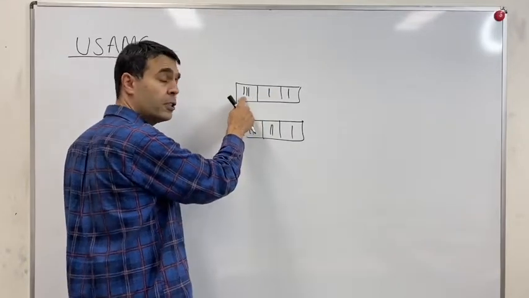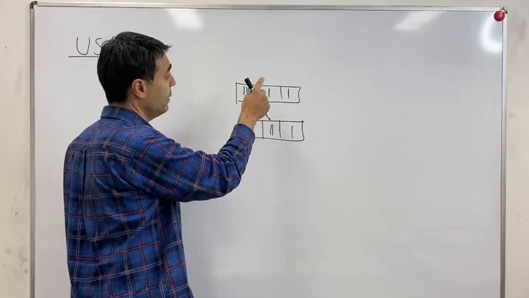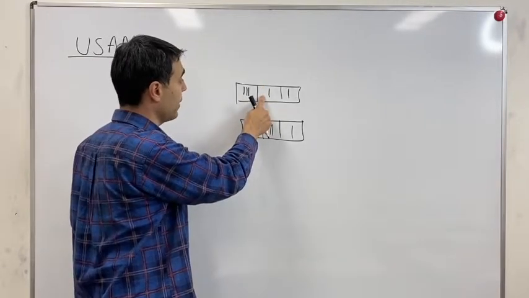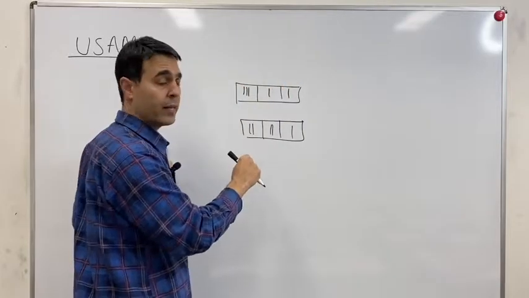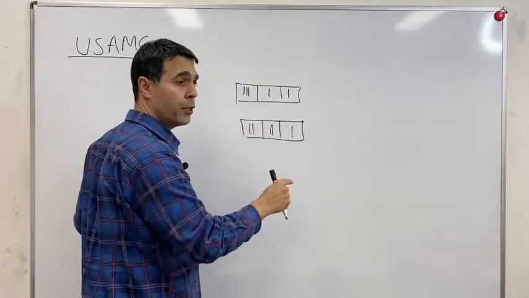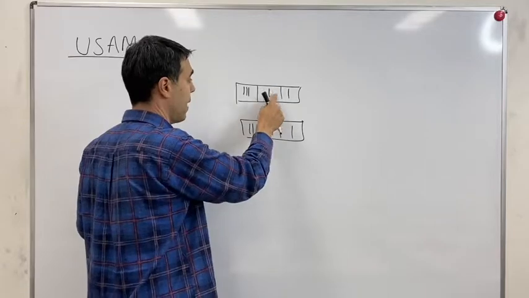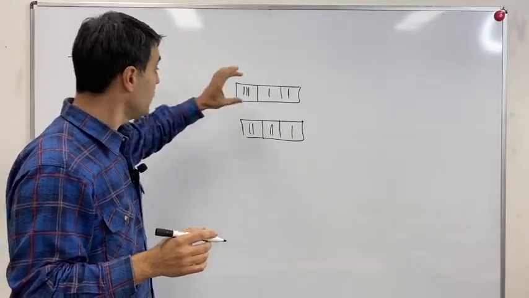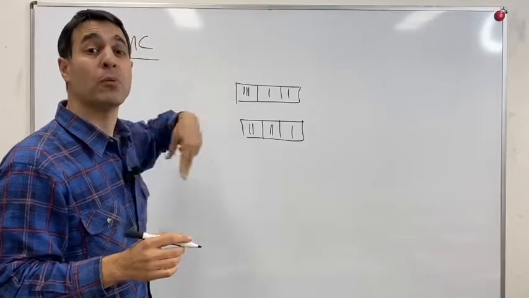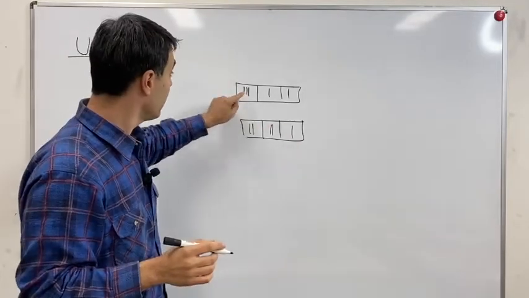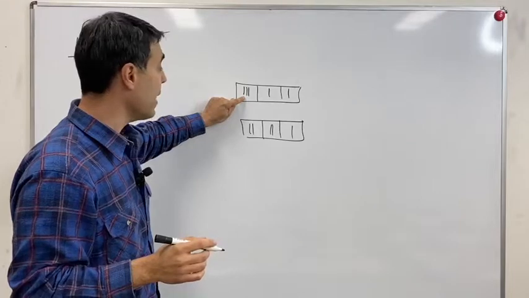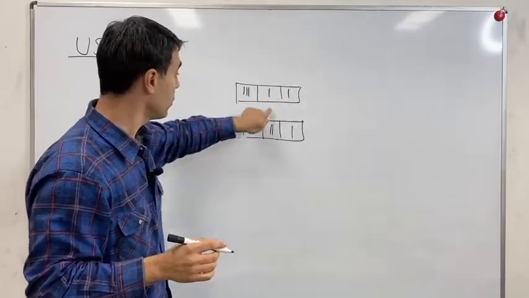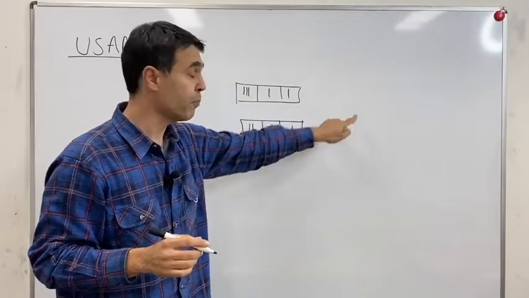So the first kid could get 3 candies. Maybe the second kid is the one that gets 3 candies and the first one and the third one get 1 candy. Or maybe the third kid receives 3 candies and the first 2 kids get 1 candy. So we solve it for this case and then at the end we multiply it by 3 because the one that gets 3 candies could be number A, could be number B, could be number C.